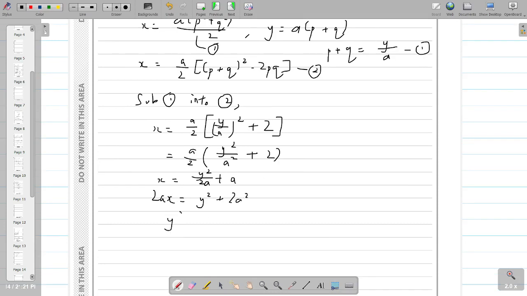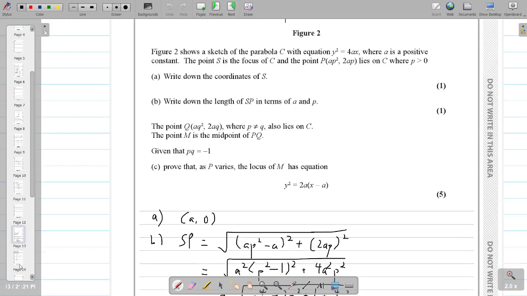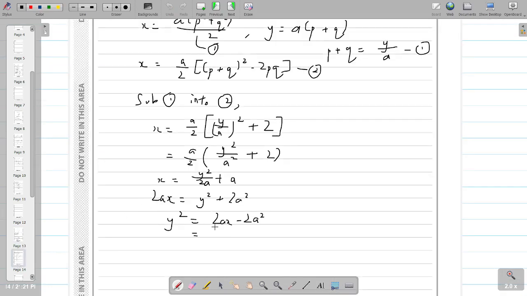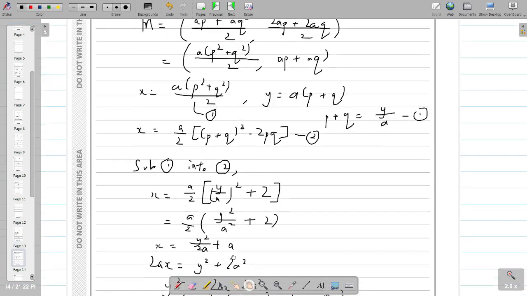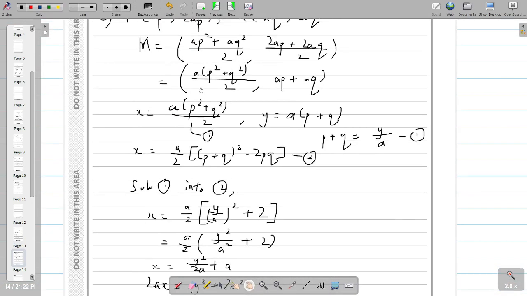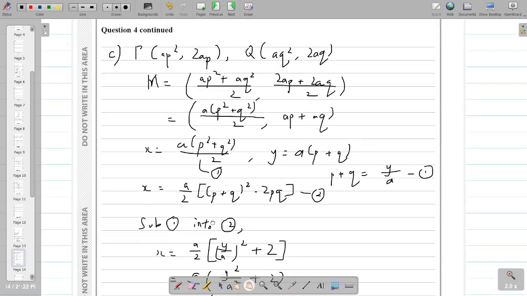Hence, Y squared is going to be equal to 2AX minus 2A squared. Or, what does it want? It wants 2A bracket X minus A. So this is what it requires. So this is shown or proven. All right, so that is the solution to question C.